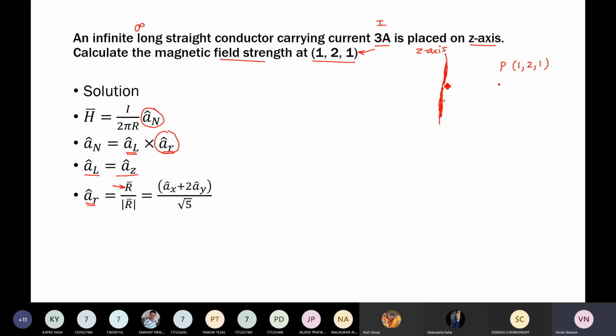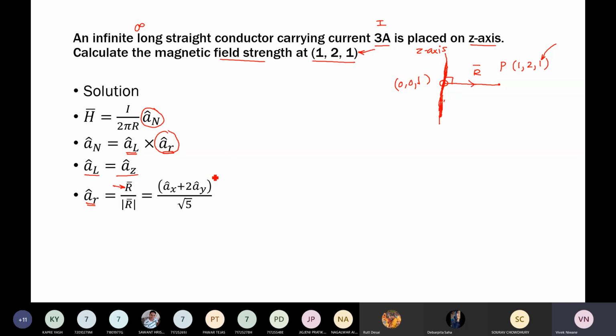How do we get a point on the conductor? Procedure is draw a perpendicular. Every point on the z-axis has x and y coordinates as 0 0 and the remaining third coordinate will be same as that of the observation point, since we have drawn a perpendicular. So we do have two points and their coordinates, and definitely we can now find the vector r bar.